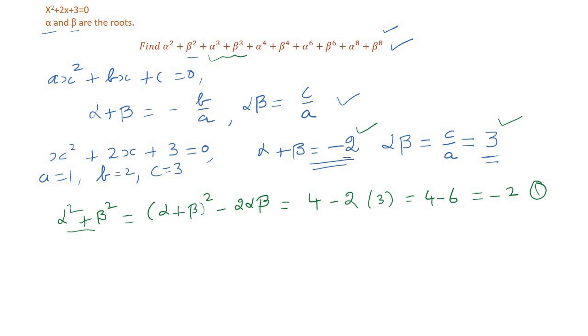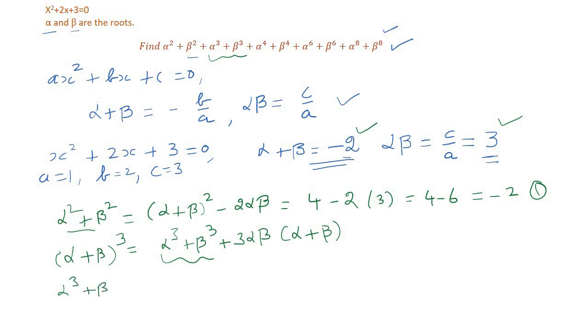Then we know that alpha plus beta the whole cube is equal to alpha cube plus beta cube plus 3 alpha beta into alpha plus beta. But we want alpha cube plus beta cube. Therefore, alpha cube plus beta cube is equal to alpha plus beta the whole cube minus 3 alpha beta into alpha plus beta.